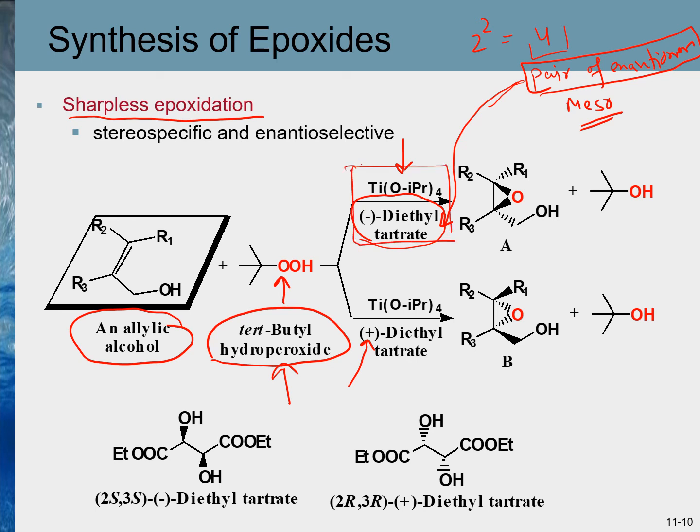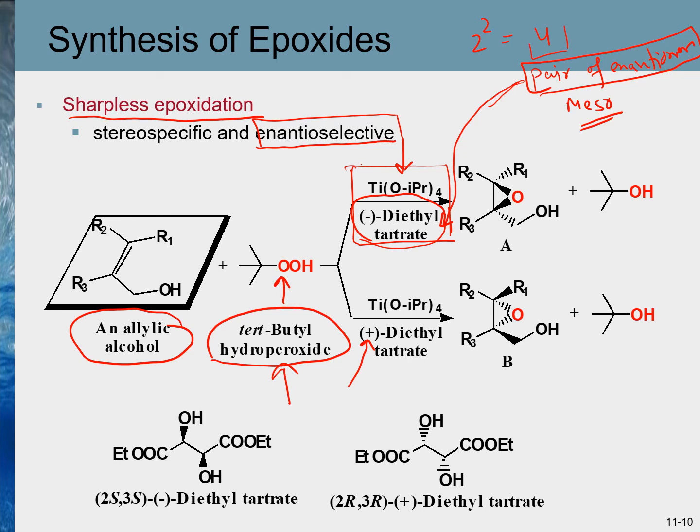In chapter number 3, we learned that an achiral starting material will always produce achiral product. But the beauty of Sharpless epoxidation reaction is that the end product is a chiral compound. It is an enantioselective reaction. So it means that we only get one pure enantiomer. So therefore, the end product will be a pure chiral product.